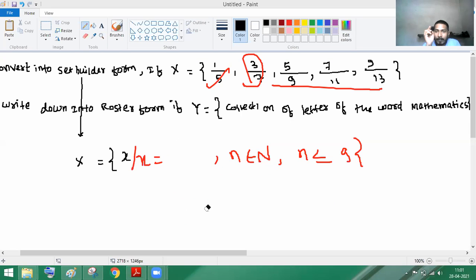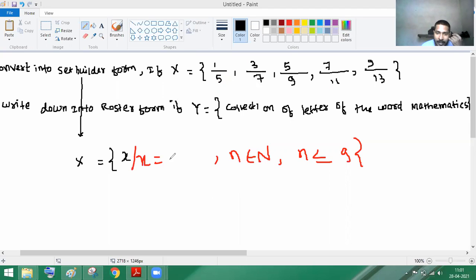Why can we not write x equal to n upon n plus 4? Because whatever value of n you choose must satisfy each and every term. Every term must be associated with those values. Then we can write that.